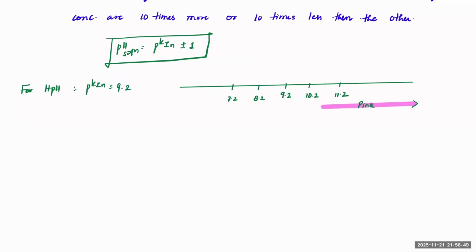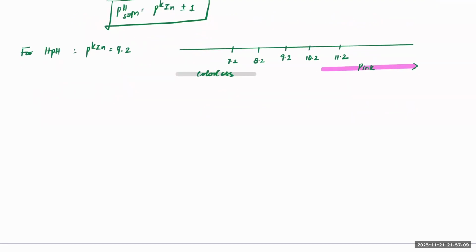While if you go in the other direction, 8.2 and below, it will appear colorless. As long as the pH of the solution is around 9.2, it will be a mild, light pink color. So it will be like a mix of these two, so that will be the light pinkish color here.